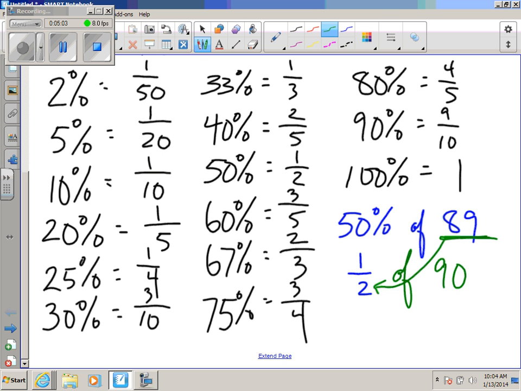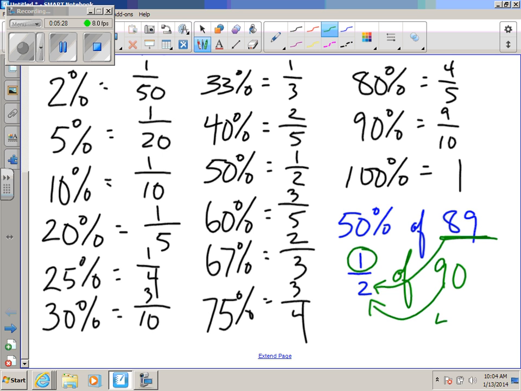Okay. We already have the percent. See, the percent's represented here by the fraction half. So here's what we do. We say, all right, if 90 is divisible by 2, what is it divided by 2? What is 90 cut in half? 45. Then I look up top. How many of those 45s do I need? 1.